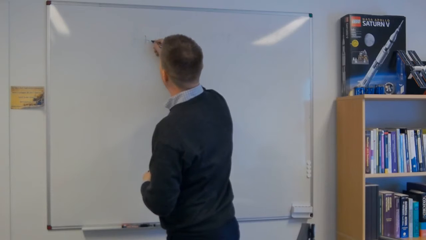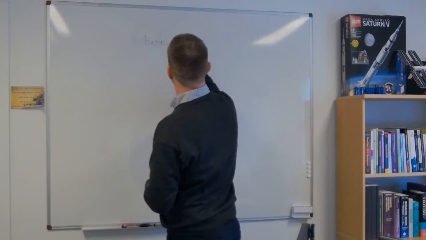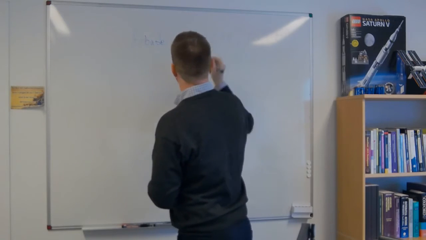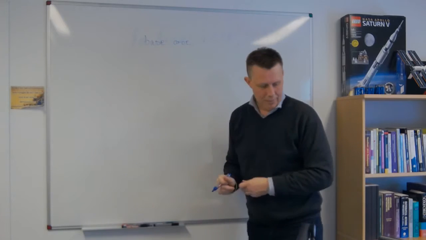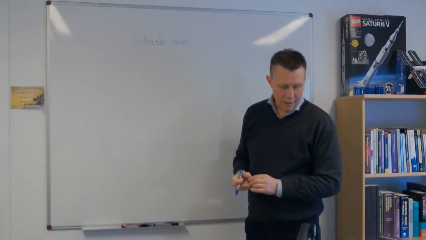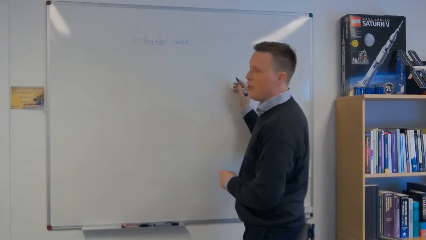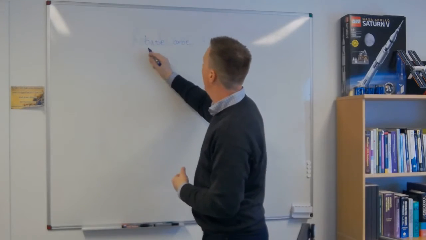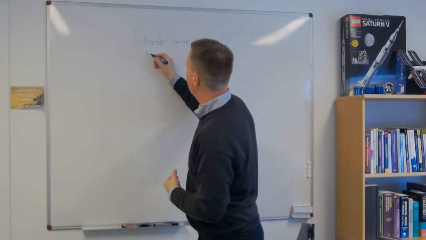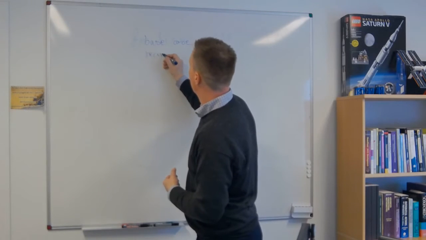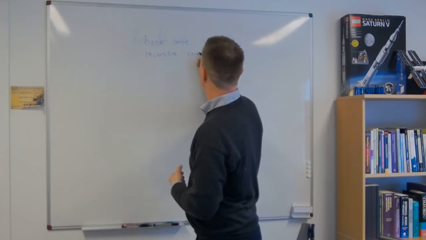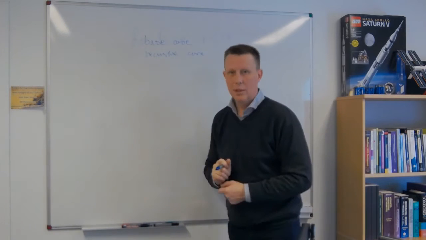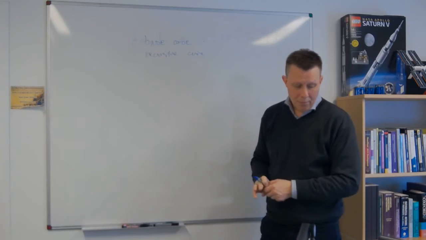So we have what is called a base case, which is essentially the condition where we stop. And we have the recursive case. These are the two cases that we have.